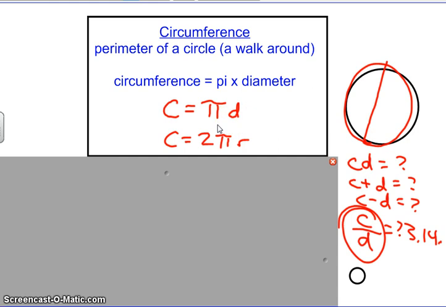Because 2 radii is 1 diameter, right? So this equals the above formula. These are equivalent equations. However, 2 is a real number, isn't it? Will it ever change? I mean, next year if we come back, will it still be 2? Yes. So it's the most unchanging thing in this equation. It's a constant. So it comes first.